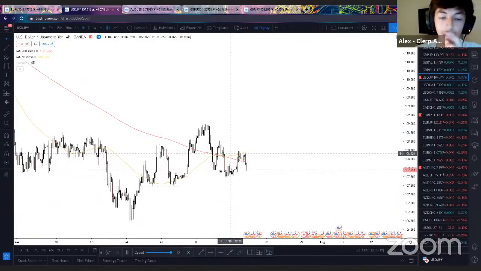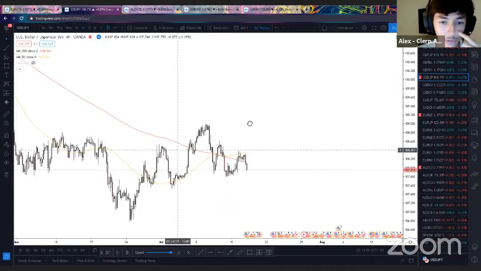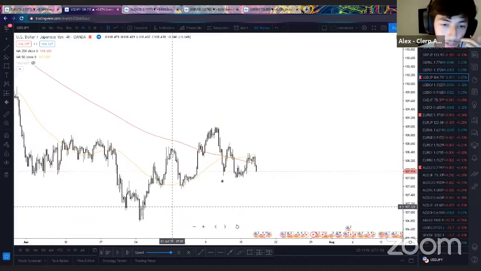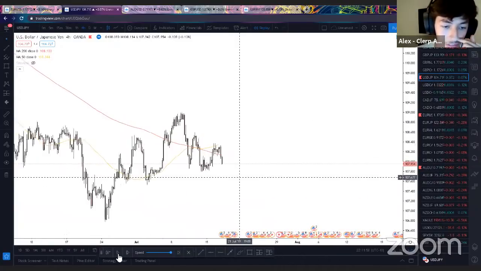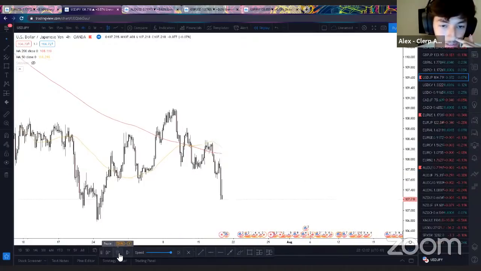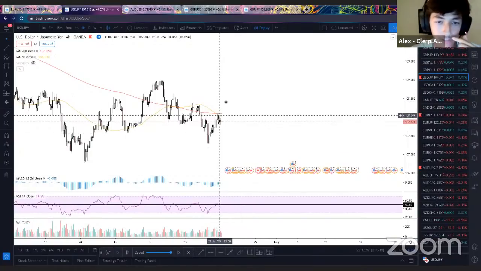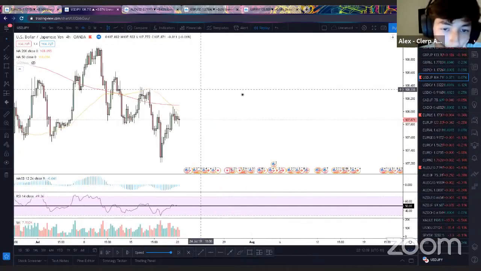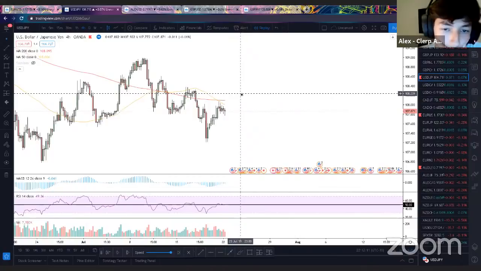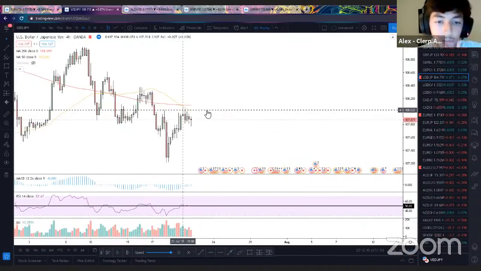Okay, it crossed over, but price broke the 200 MA, and in my trading plan, I don't really take those trades because it doesn't provide any good setups. So right here, the wick isn't, oh, it is touching actually. It's touching the 50.